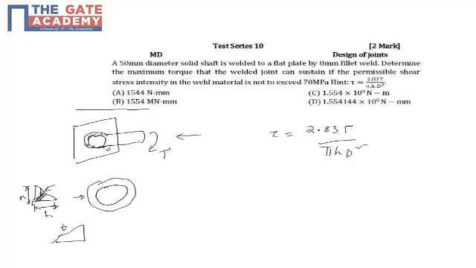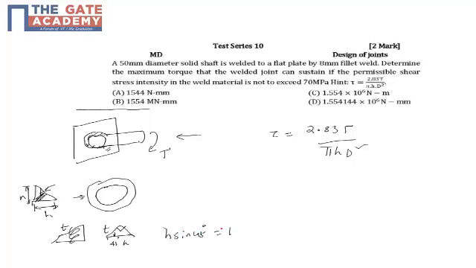Let me draw it this way. This is my h, this is my throat, the minimum cross section, and this is 90. So this is 45 and h is the hypotenuse, so h sine 45 is t.